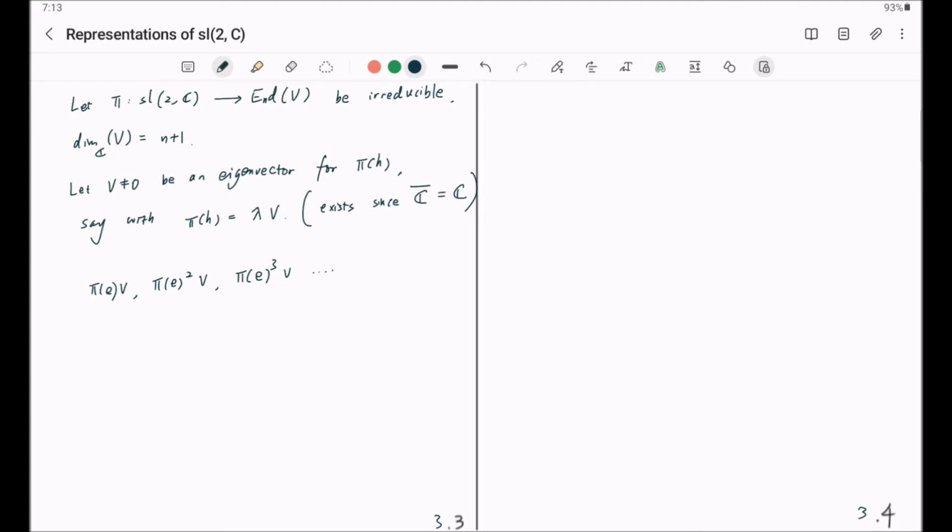And now we make an observation. I'll write it as a claim. We claim that they are either 0 or eigenvectors.